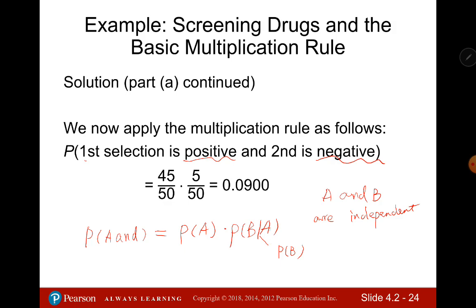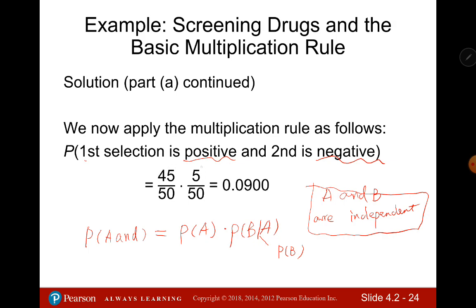So we can simplify the multiplication formula into probability A times probability B, but only if A and B are independent of each other. So for this case, the selection with replacement, for the first one the probability is P(A).